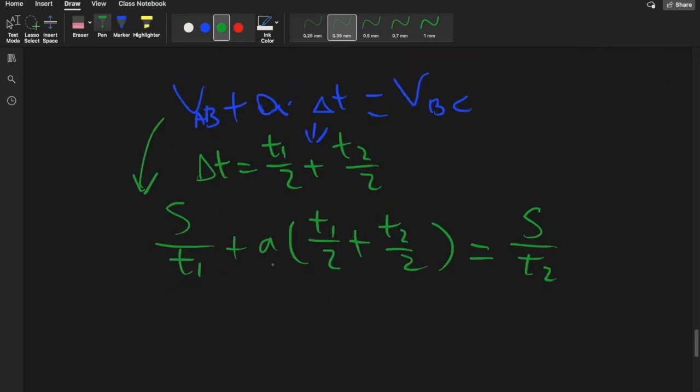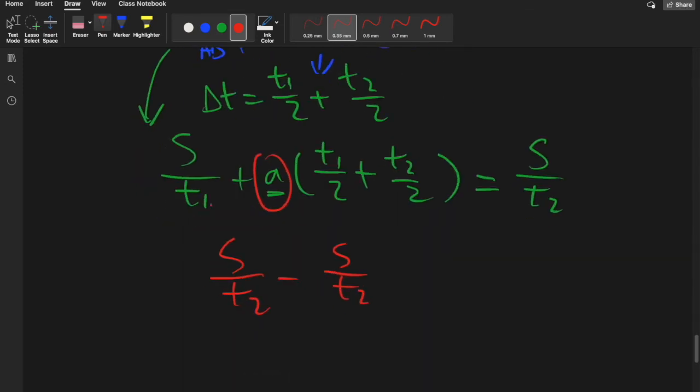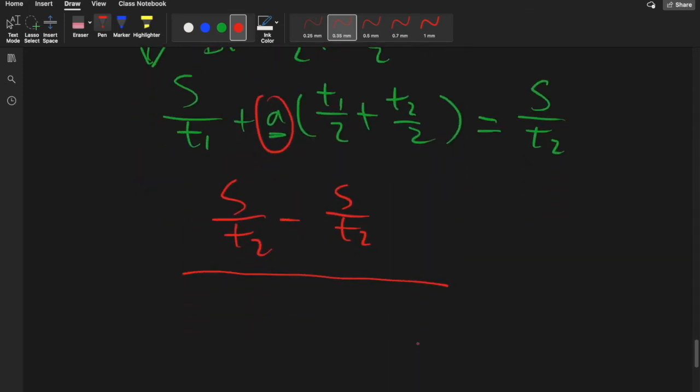Now we just need to solve for A, right? So we only need to know this quantity: S over T2 minus S over T1, divided by T1 over 2 plus T2 over 2, is equal to acceleration.